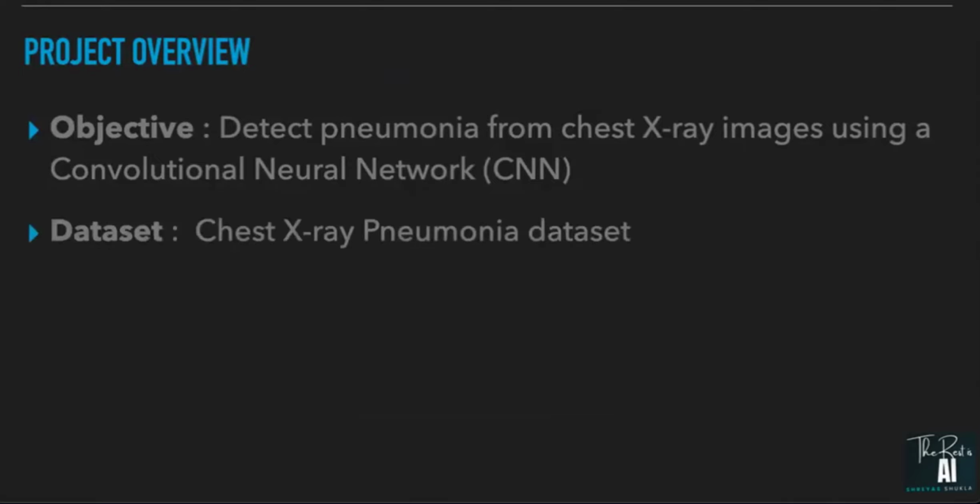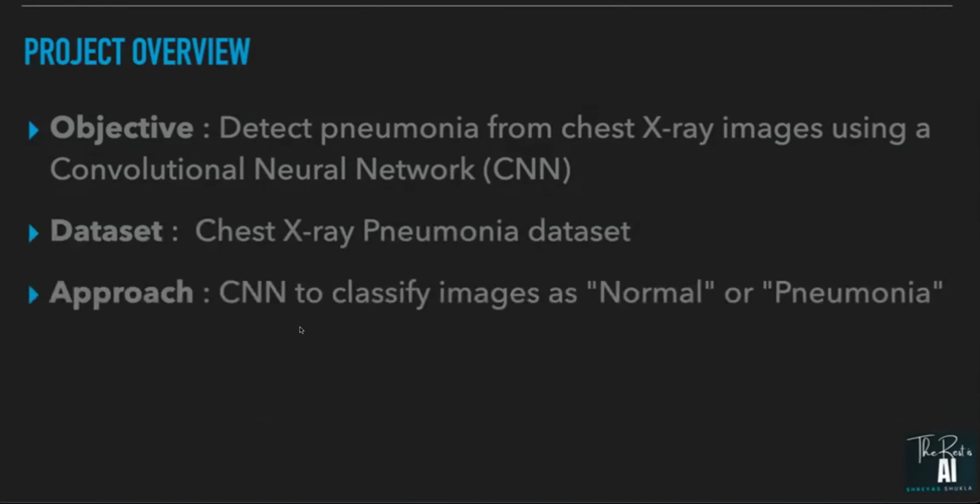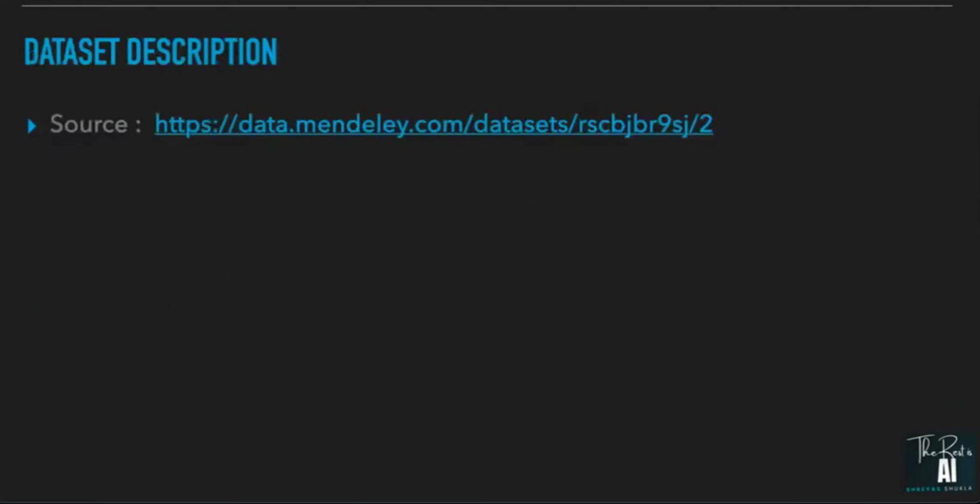We have used a chest X-ray pneumonia dataset from Mendeley, which we'll be exploring shortly, but it contains a large number of labeled X-ray images split into categories of normal and pneumonia. Our approach involves training a convolutional neural network to learn the features of these images and classify them correctly. This is a binary classification problem, and our goal is to make the model both accurate and generalizable.